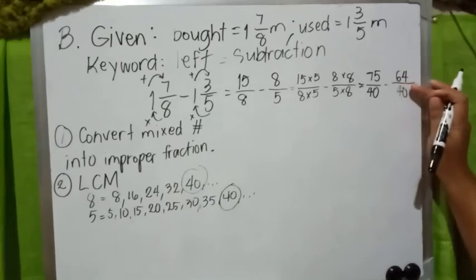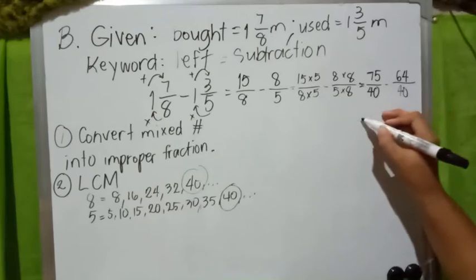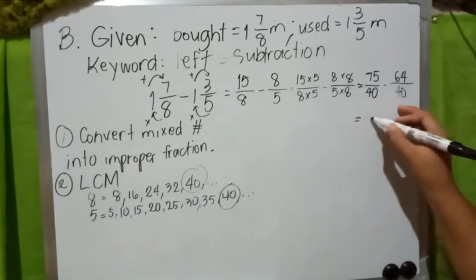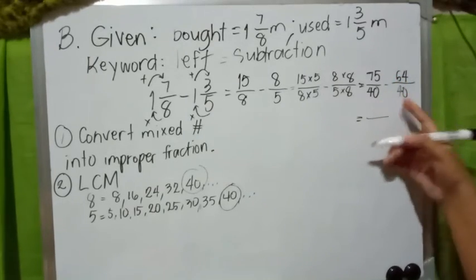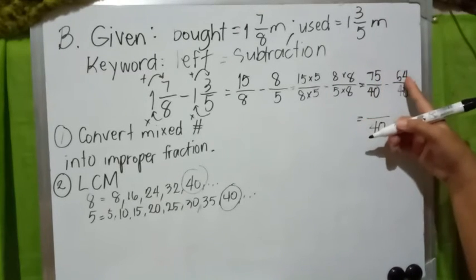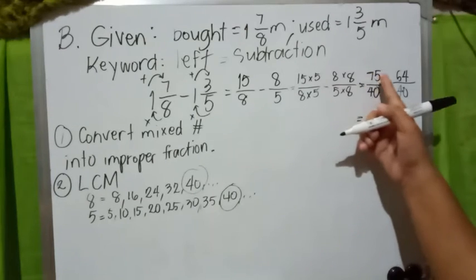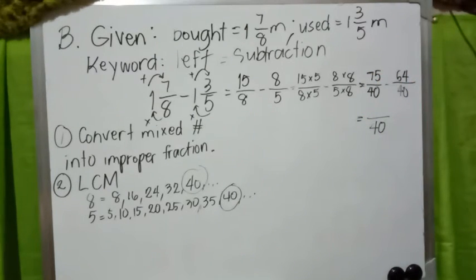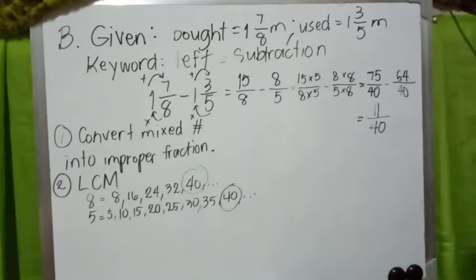So now that we are done with our equivalent fractions, we need to solve by subtracting our numerators and copying our denominator. 75 minus 64. Again, 75 minus 64. How many? Okay, very good. That is 11.